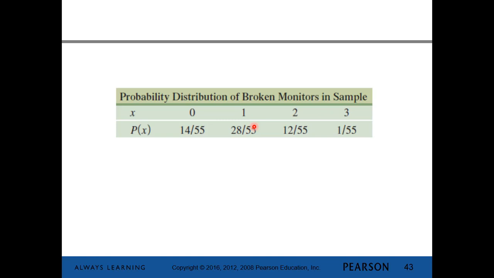So x could be either 0, 1, 2, 3. These are the probability distribution for broken monitors in a sample. So notice that the total sample that they're taking here is 3.